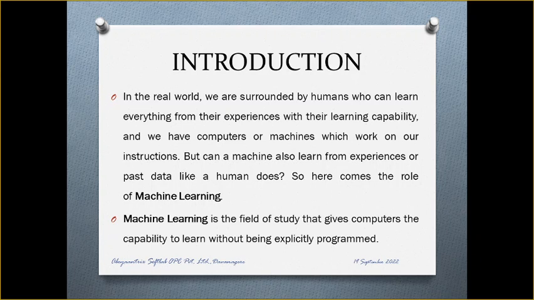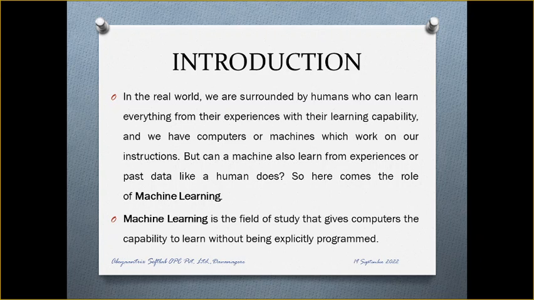Machines can also experience things, learn from the experience, and predict results using past data, like how a human does.